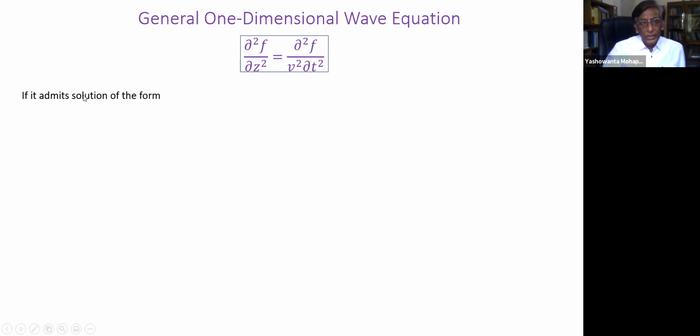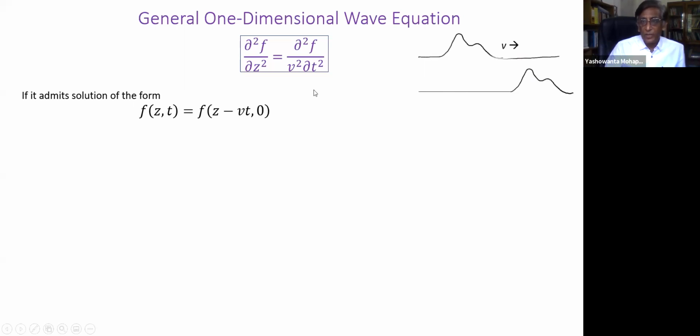And we now know that it admits solutions of the form where that particular combination is there, z minus vt, because the shape is repeated as it keeps moving with velocity v. If there is any pattern moving with speed v, then at a later time it reproduces exactly the same pattern.